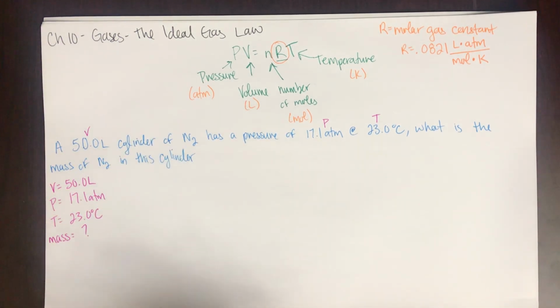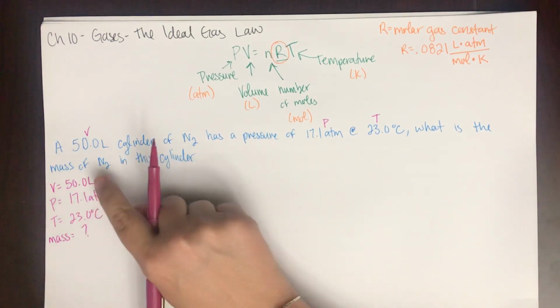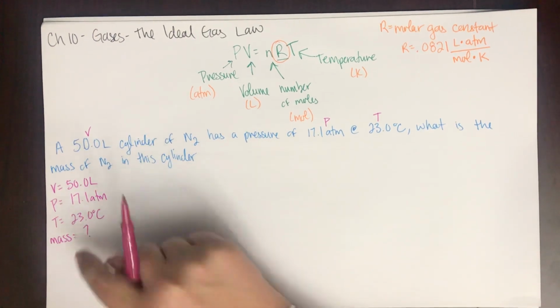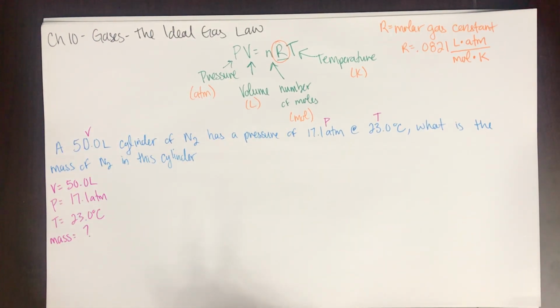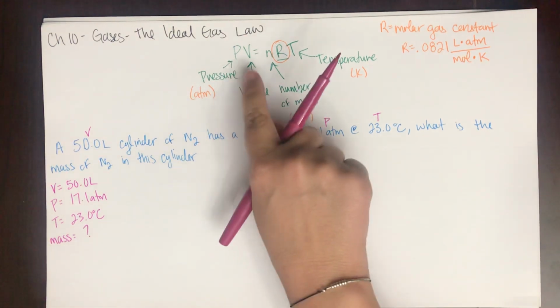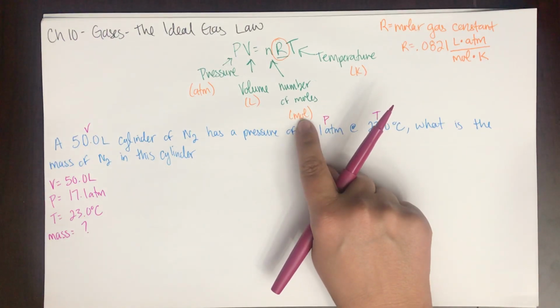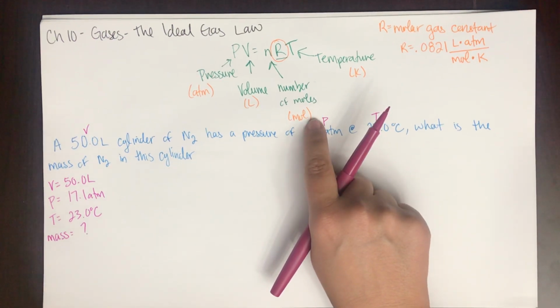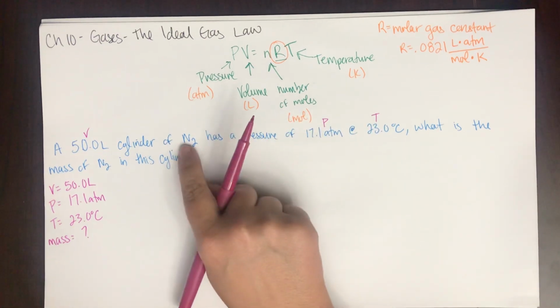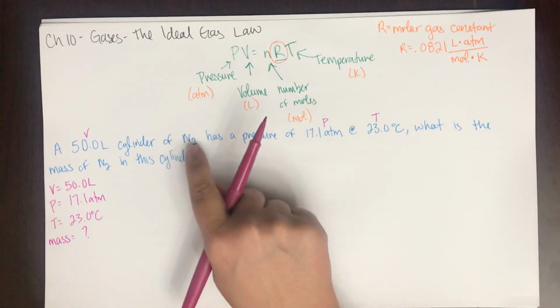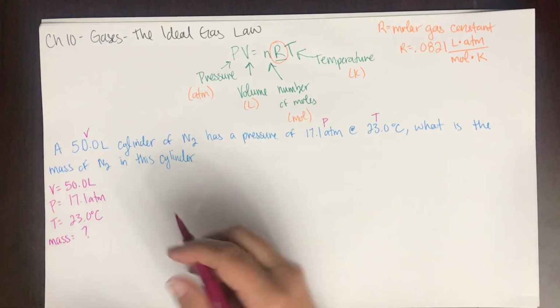Well, I don't know any equations that use volume, pressure, and temperature to solve for mass. What I do have an equation for is to use volume, pressure, and temperature to solve for a number of moles. And then I could use the molar mass of nitrogen to go from moles of nitrogen to mass of nitrogen.